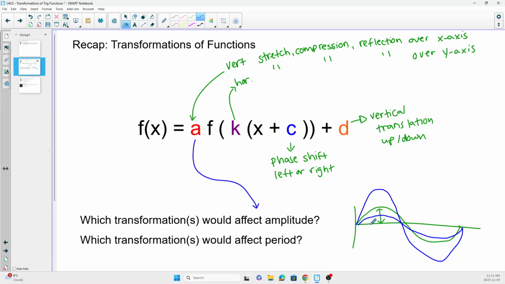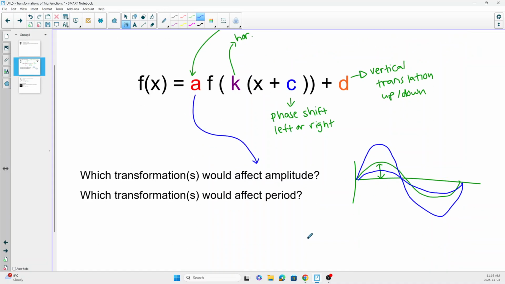Which transformations would affect the period? If you think about it, the original period of a sine or cosine curve is 2 pi. So let's look at cos this time. We have 2 pi. What would result in the period changing would be maybe a horizontal compression.